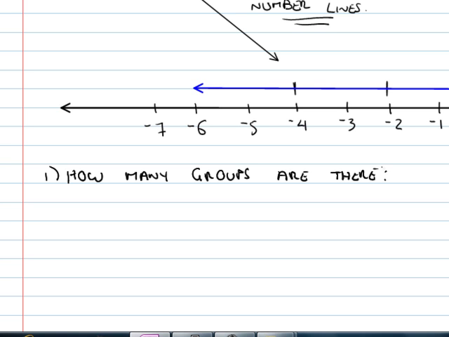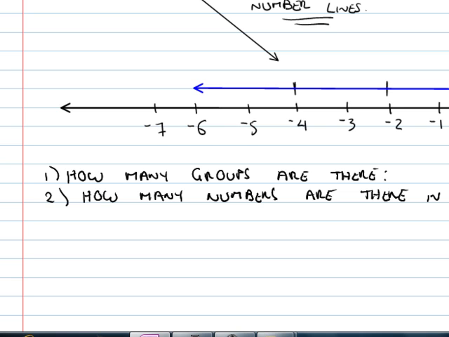Number 2: how many numbers are there in each group? In every question, you're going to answer these 2 first.